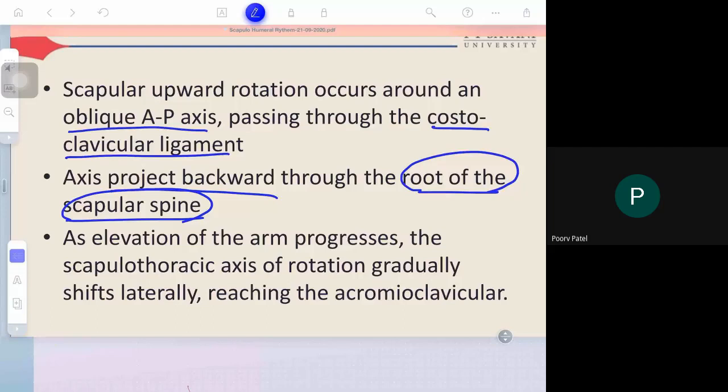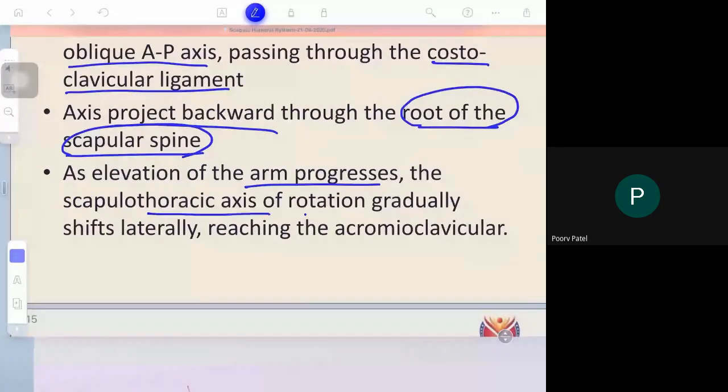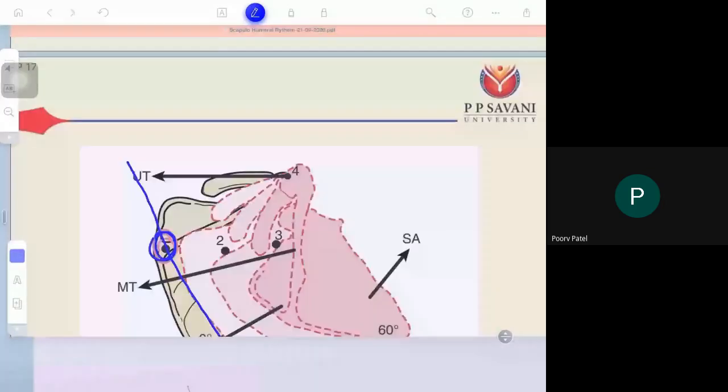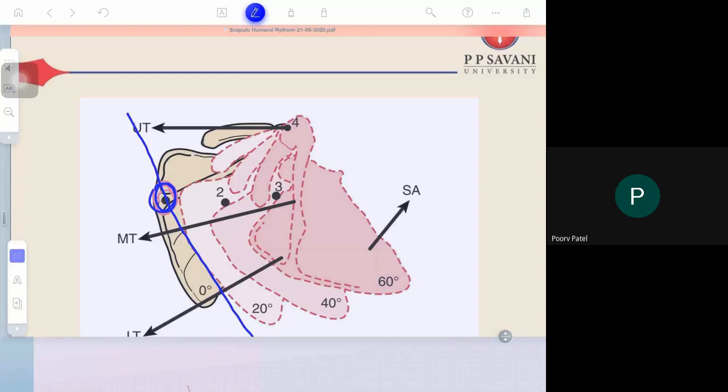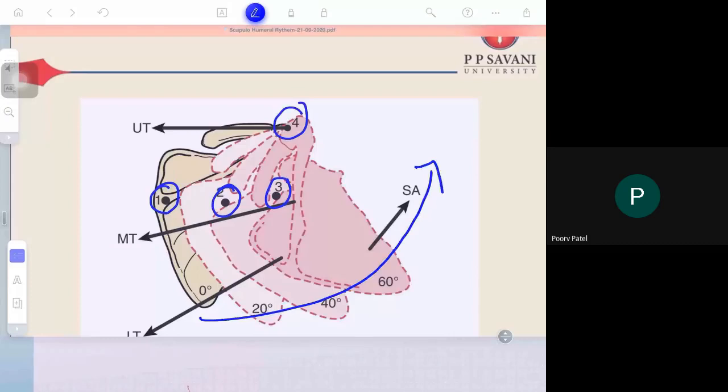As the elevation of the arm progresses, the scapulothoracic axis of rotation gradually shifts laterally, reaching the acromioclavicular joint. You see, gradually the axis is shifted laterally. First the axis is here. Second, somewhere here. Third, it is here, and fourth, it is here. As the scapula is rotating, the axis changes.